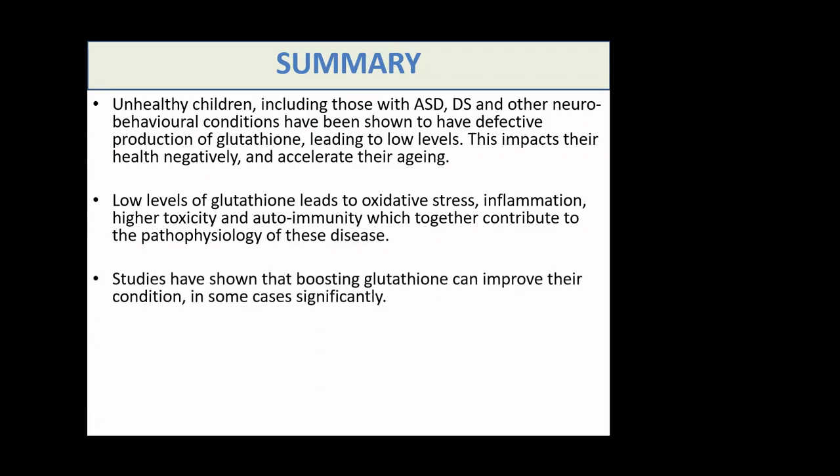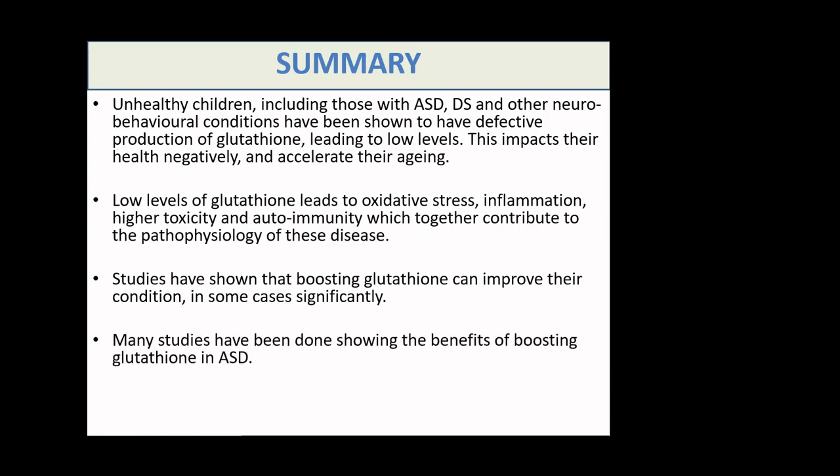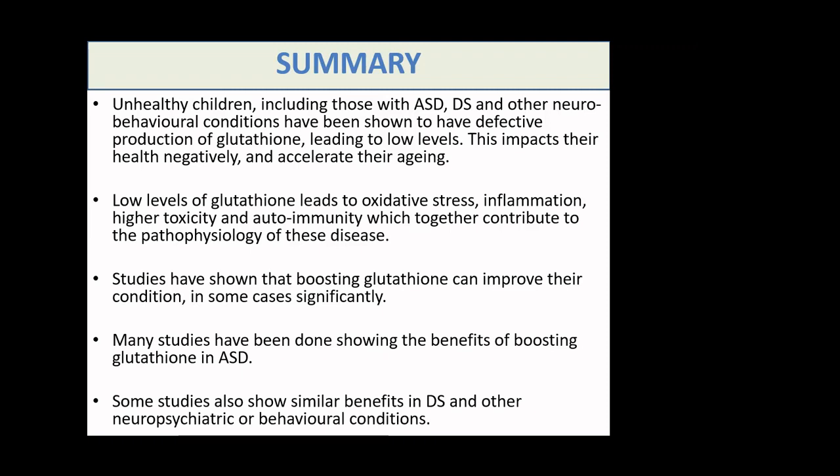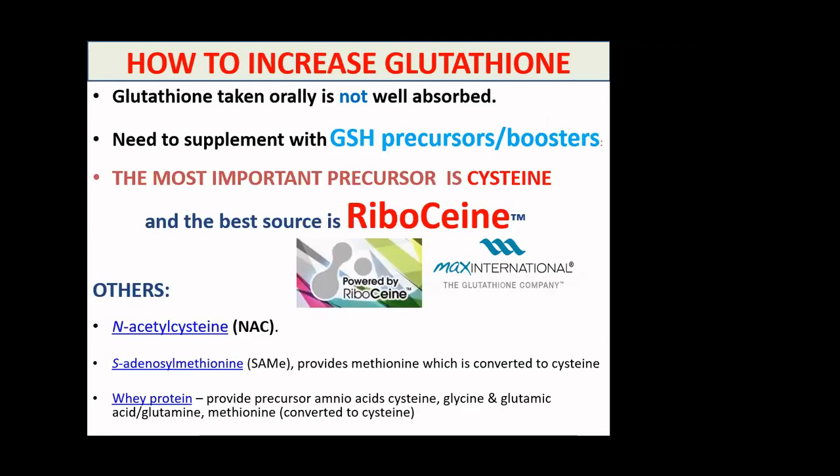The studies have shown that boosting glutathione can improve their condition, in some cases significantly. And many studies have been done showing the benefits of boosting glutathione in ASD, and some studies also show similar benefits in Down syndrome and other neuropsychiatric or behavioral conditions.